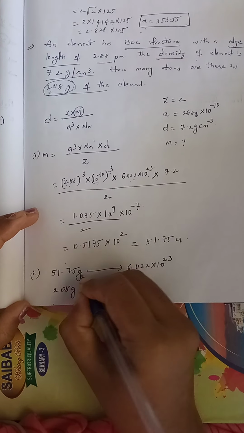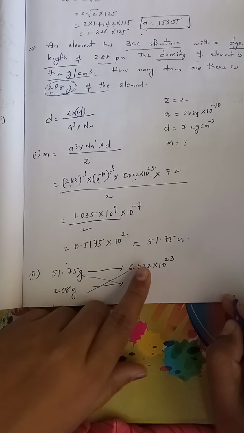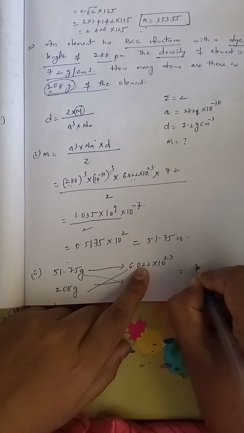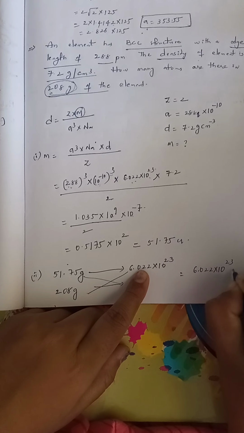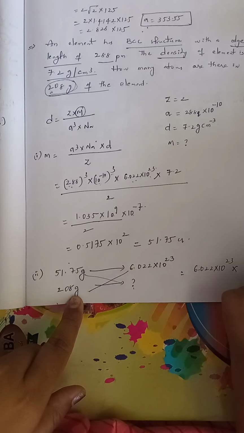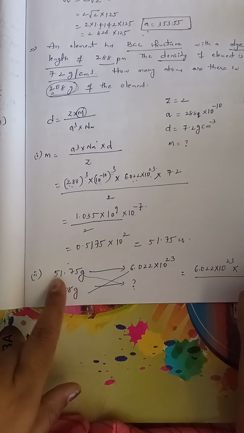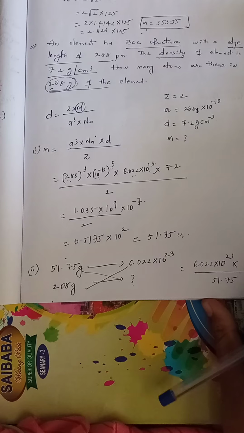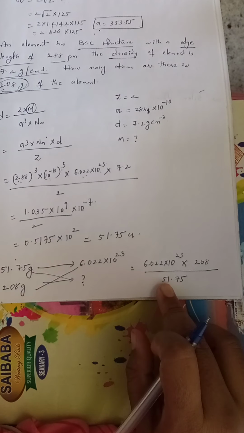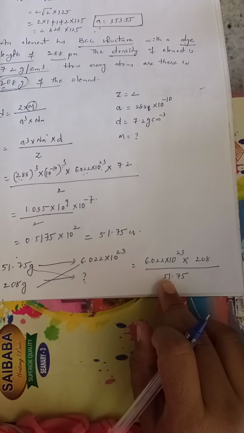So cross multiply it. Then 6.022 into 10 to the power of 23 into 208 divided by 51.75. Do this calculation.